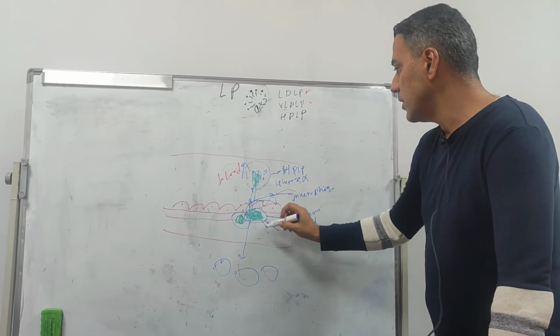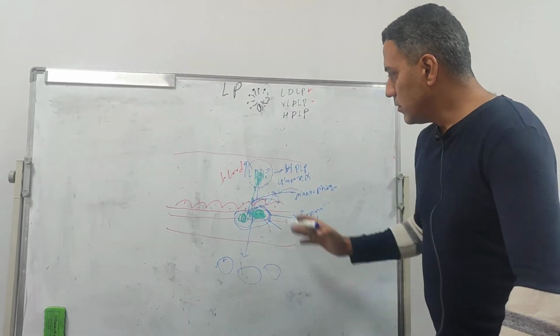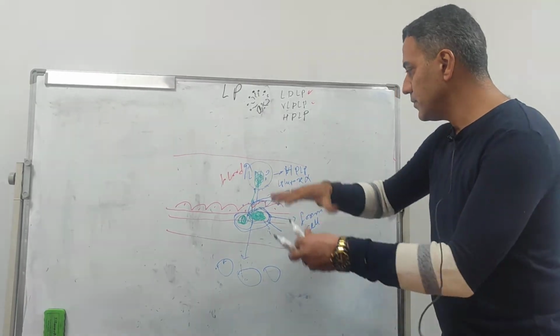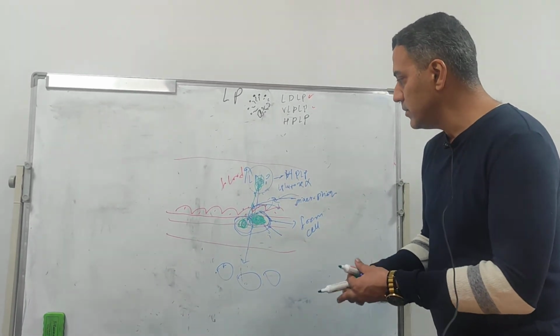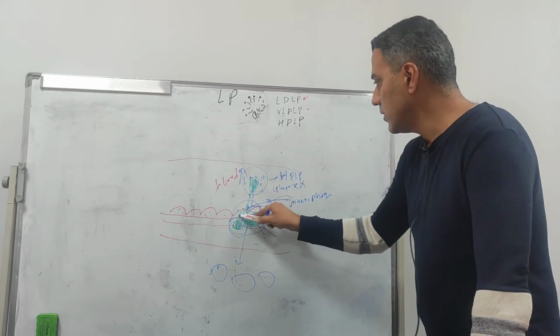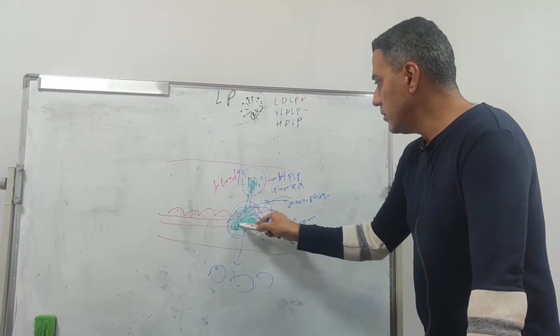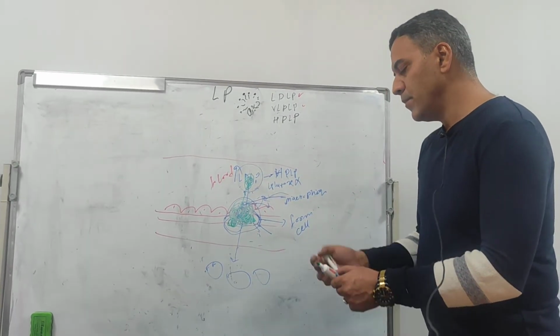They also try to engulf. This fat causes atheroma, or atherosclerosis, like this, causing narrowing of the vessel.